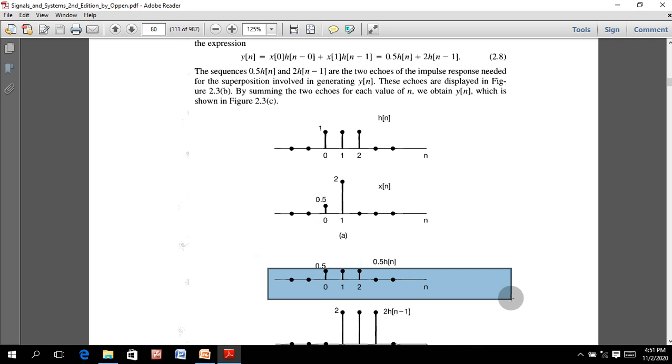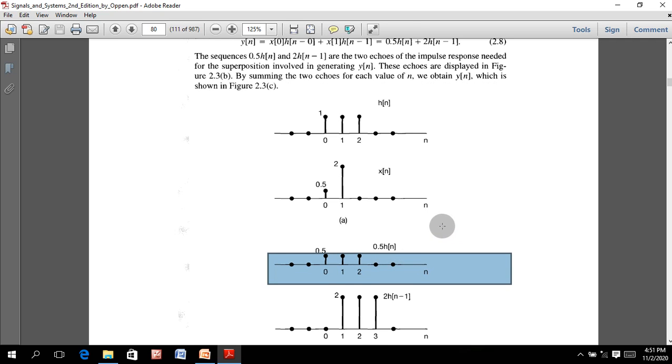The next step, we will multiply 2 with h of n minus 1. Now this is the h of n, so h of n minus 1 will be a delayed signal.